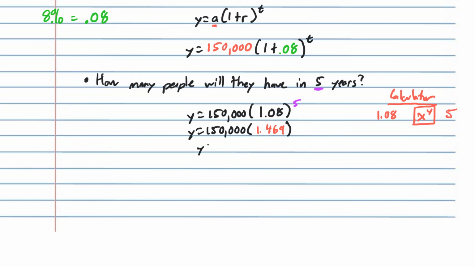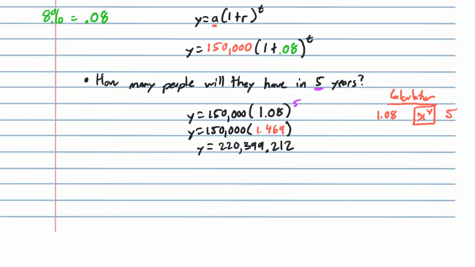And if you do that correctly, you should get 220,399.212. Okay. So again, make sure you know how to enter that in a calculator. We'll work on it live as well.